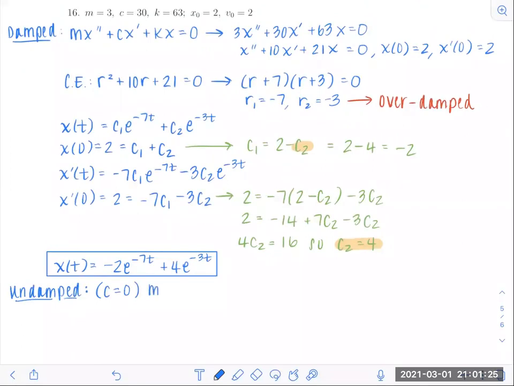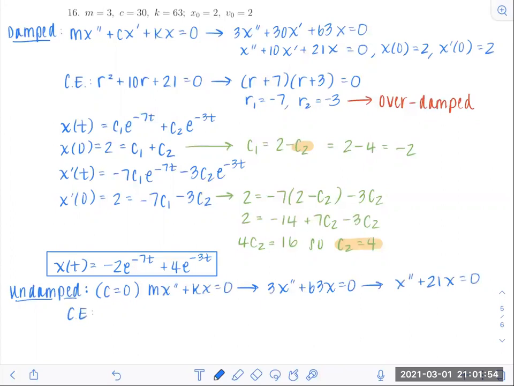So in other words, we have m x double prime plus k x equals 0. I'll plug in what we have: 3x double prime plus 63x equals 0. Or in other words, x double prime plus 21x equals 0. Here we're going to get our complex conjugate pair when we set up our characteristic equation.